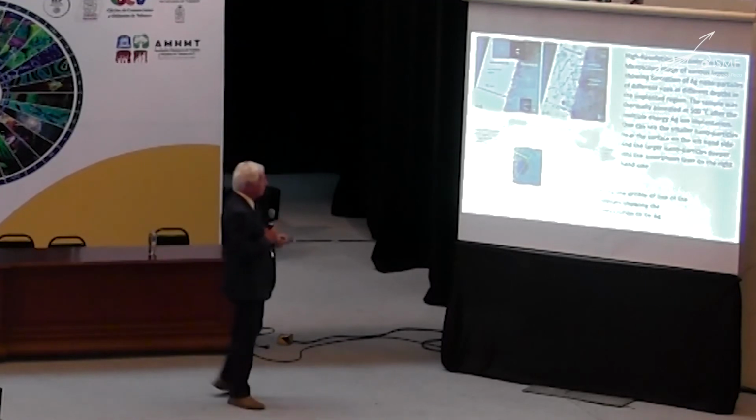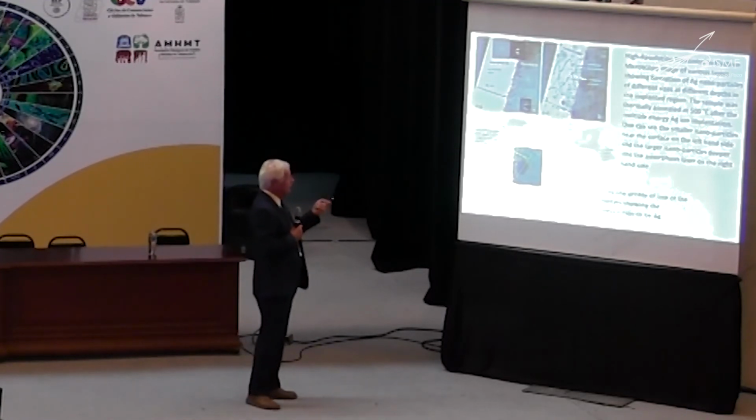So this is a high-resolution transmission electron microscope image of various layers showing the formation of silver nanoparticles of different sizes at different depths in the implanted region. And this sample was annealed at 500 degrees centigrade after multiple energy ion implantations.